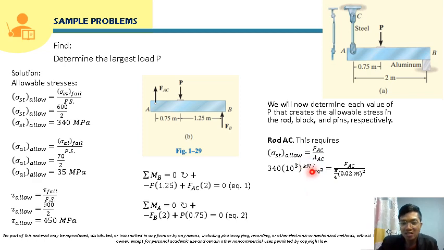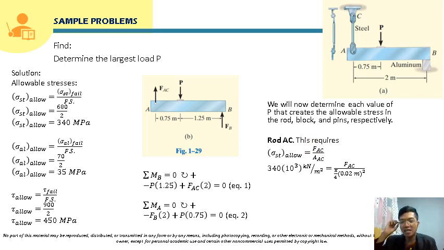So to convert megapascal to kilopascal, we will multiply 340 by 1000, or 10 cubed. So we just converted this to kilonewton per meter squared. You have to be very accurate and consistent with the units here. The unit here will be kilonewton per meter squared.